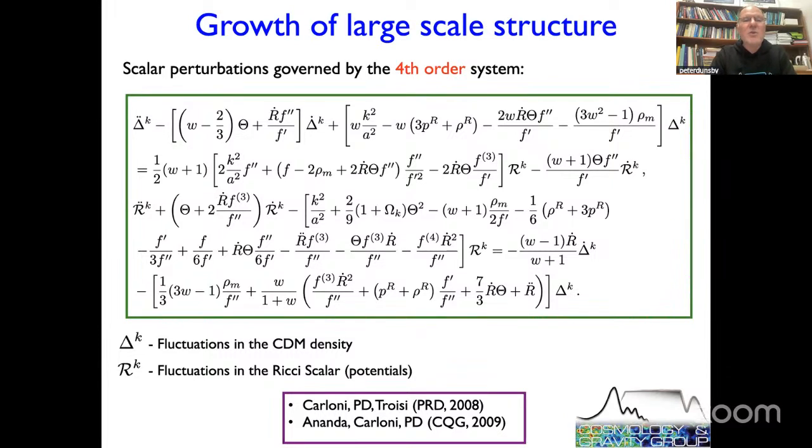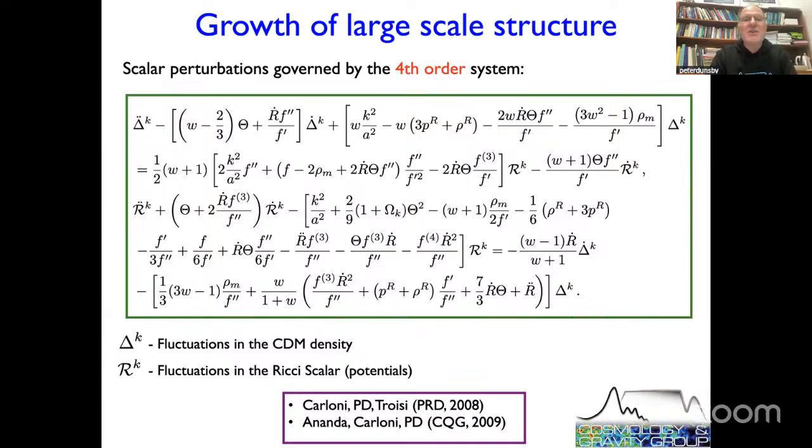So these are the fourth order equations for the growth of large scale structure. So delta here is the evolution of your matter fluctuations, and curly R is the evolution of the spatial variations of the Ricci scalar, and that's related to the gravitational potentials phi and psi.